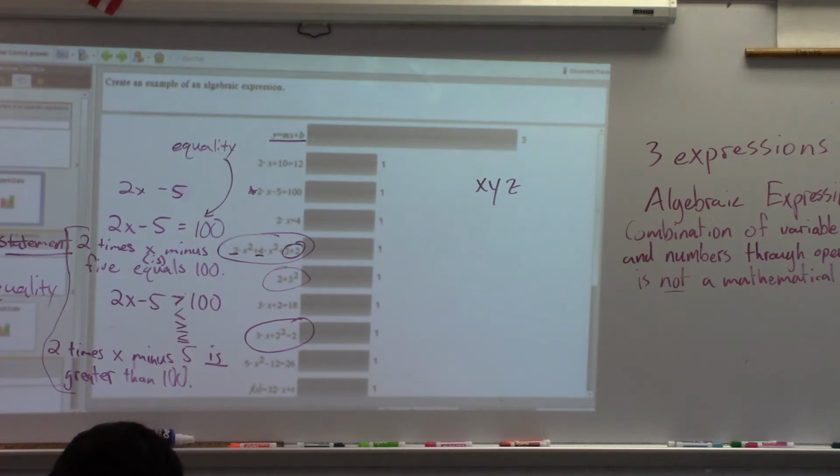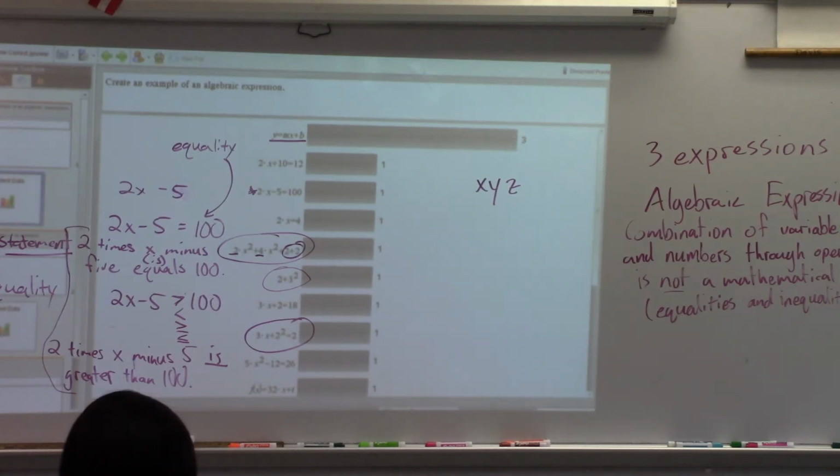But if I were you, and you're not already good on that, I might put in parentheses equalities and inequalities. So it's a combination of variables and numbers through operations that is not a mathematical statement, right? It's not an equality, not an inequality.